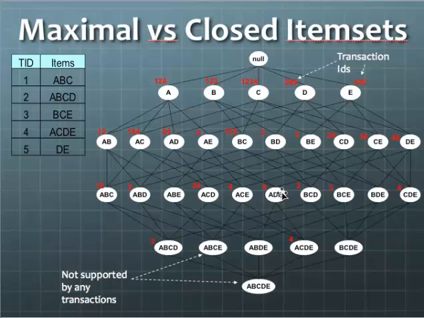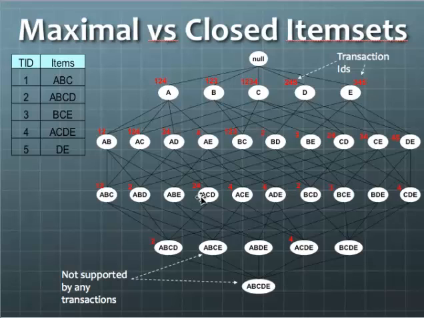Since ACD has a larger support than both ABD and ADE, which equals 40%, the support for AD must be identical to the support for ACD. So using this methodology, we can compute the support for the non-closed frequent item set.